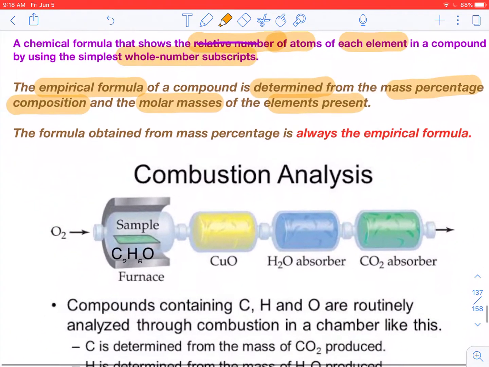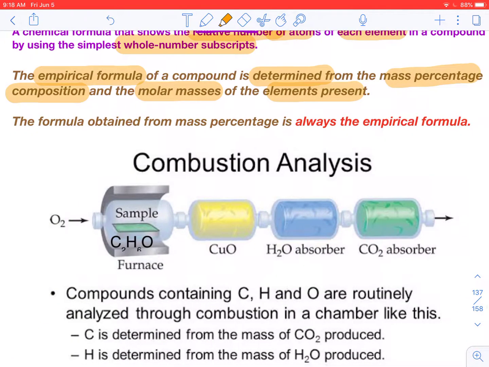here I've just brought this in so that you are aware of the experimental techniques that are available in order to determine the empirical formula, but I'm showing you this one here. This is called combustion analysis, right?